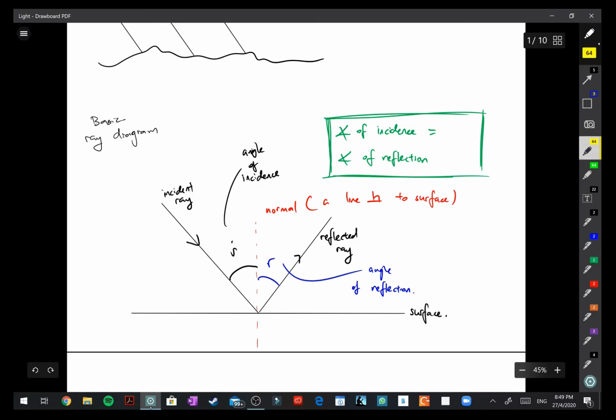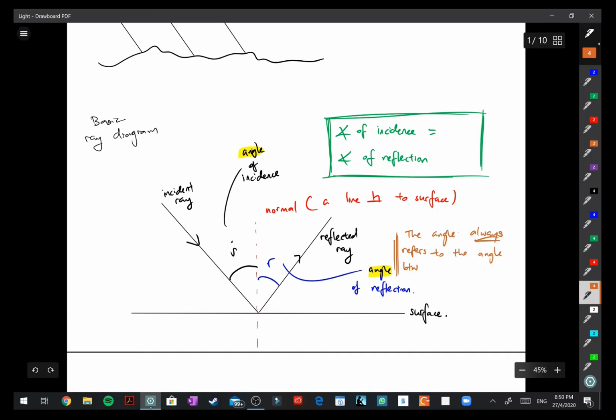How do I actually get this angle? I have two angles, the angle of incidence and the angle of reflection. Now I'm going to show you, we have to write down that the angle always refers to the angle between ray and normal.